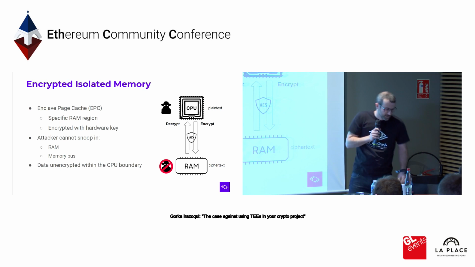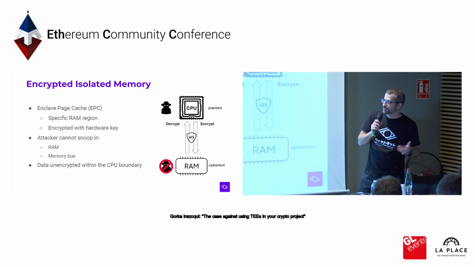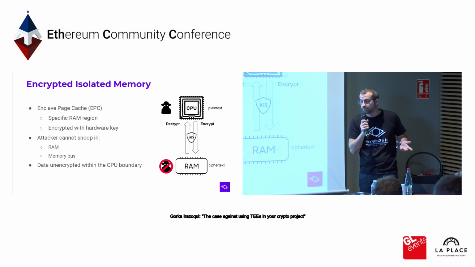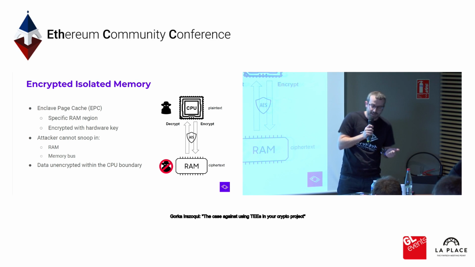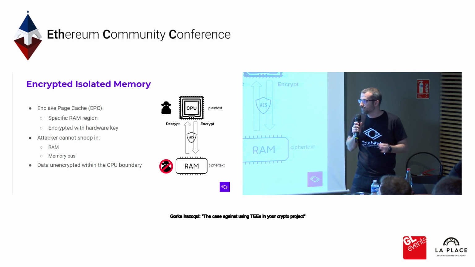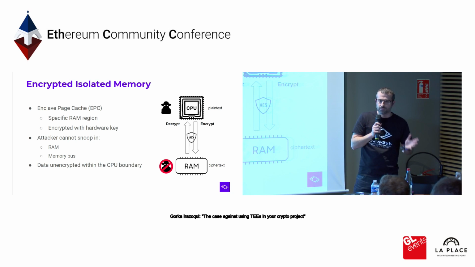So, one of the things that TEEs provide is encrypted isolated memory. In the case of Intel, it is called the enclave page cache, which is just a specific part of the RAM memory that is encrypted with a hardware key.